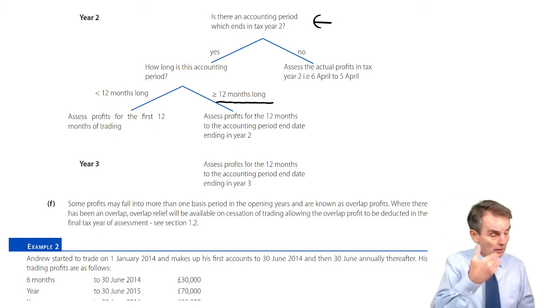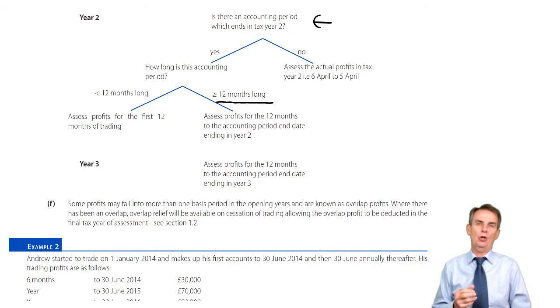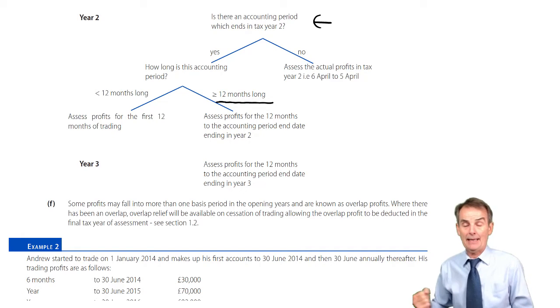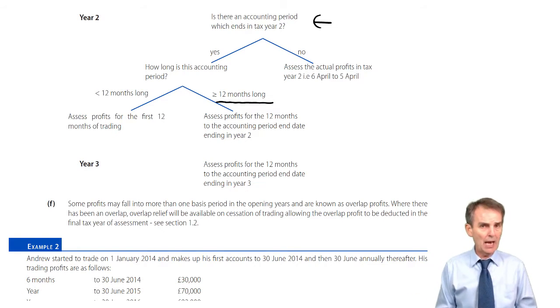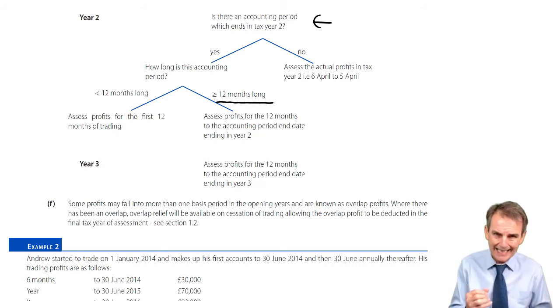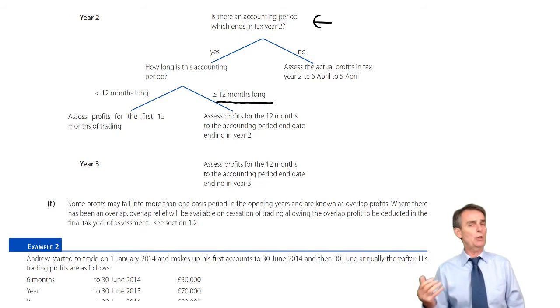Now, if you remind yourself and go back to that example in our first session on this chapter, we had a short period, a 9-month period. We started to trade on the 1st of January 17 and prepared accounts to the following 30th of September 17. So in the second tax year, we had a 9-month period. If a short period ended in that second tax year, what did we do?